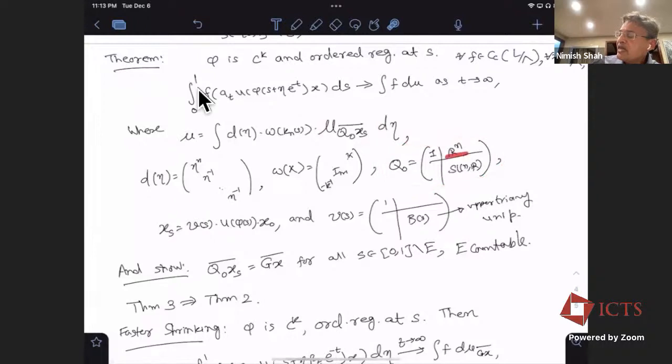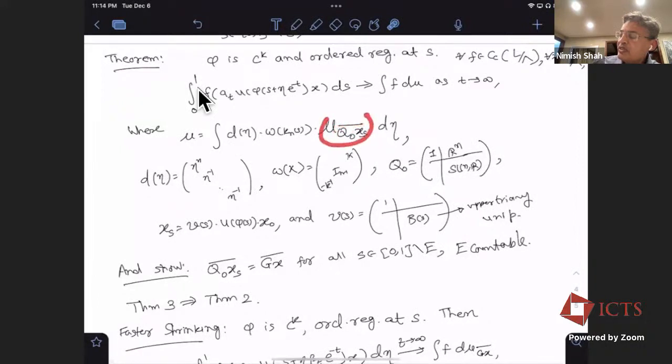Here is R^n and SL_{n+1}(R); it's in SL_{n+1}, and this is Q naught. You look at some particular element x_s, which I will explain, and you look at its closure. This is generated by a unipotent one-parameter subgroup, so its closure times x_s is a homogeneous space.